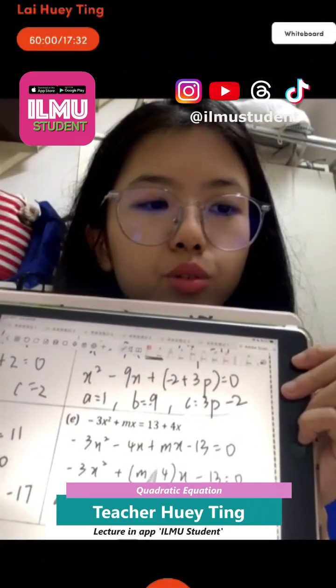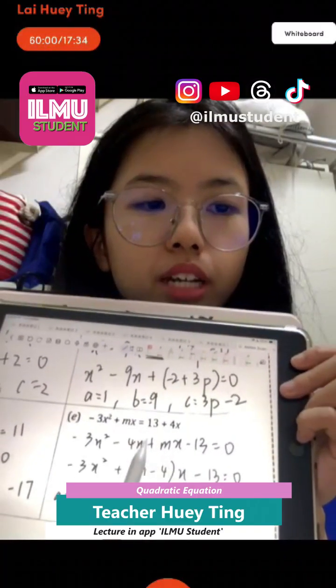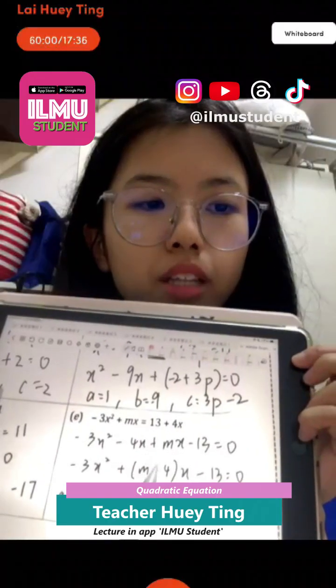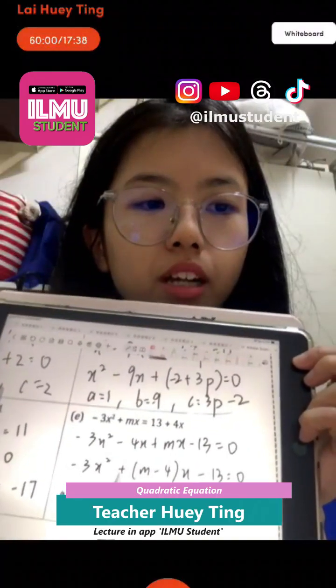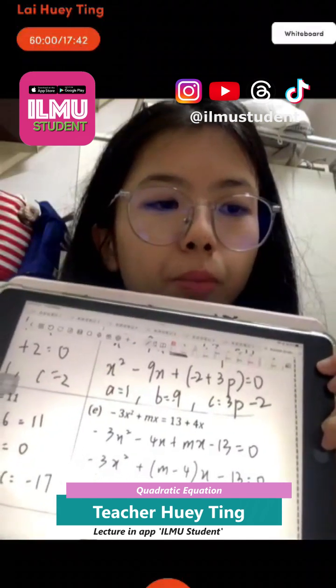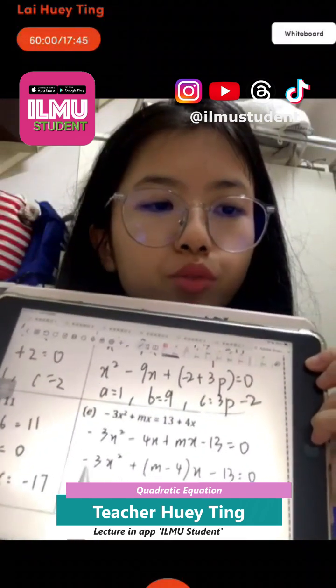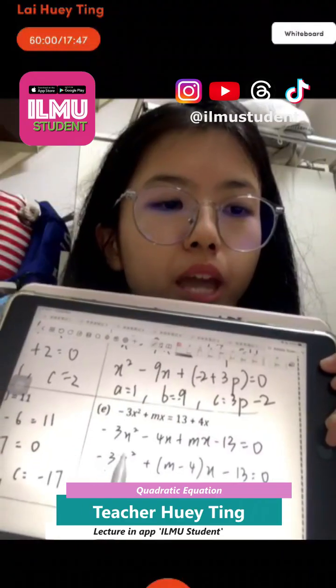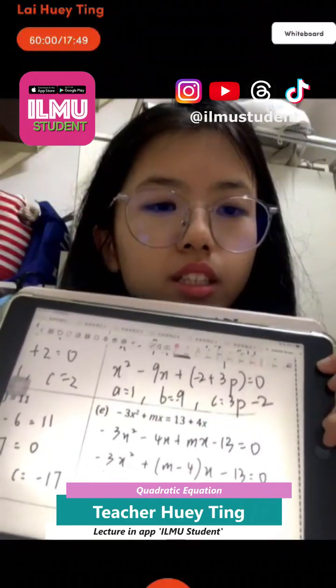You can see that mx and minus 4x have a similar unknown, which is x, so we have to factorize it, becoming the bracket m minus 4. So our b becomes m minus 4 and c is negative 13.